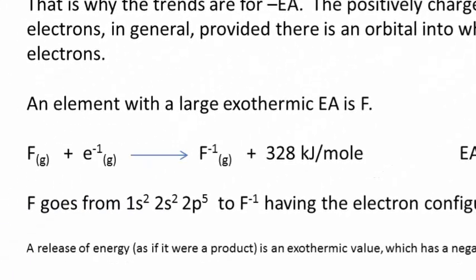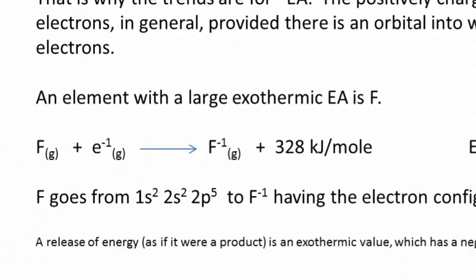Towards the bottom, I show an element with one of the larger, more exothermic, more negative electron affinities. Fluorine, that element that wants to gain an electron to satisfy the octet rule, to have a filled outer shell, remember. So fluorine will react with an electron to form fluoride F-1, satisfying the octet rule, 6 electrons in 2p.